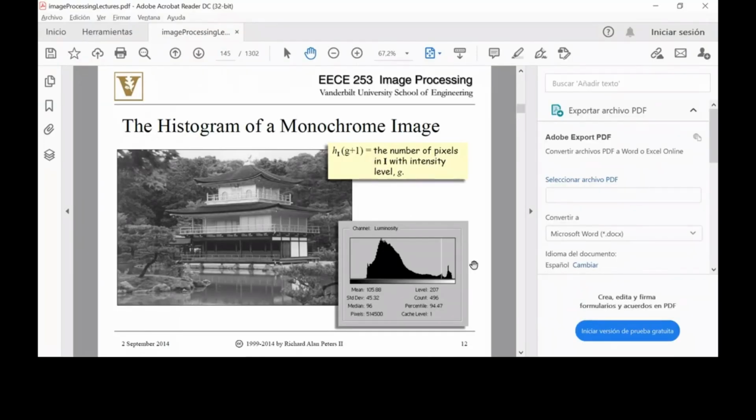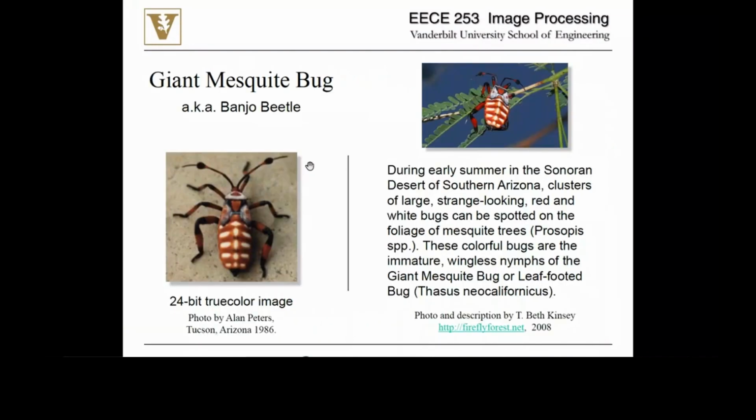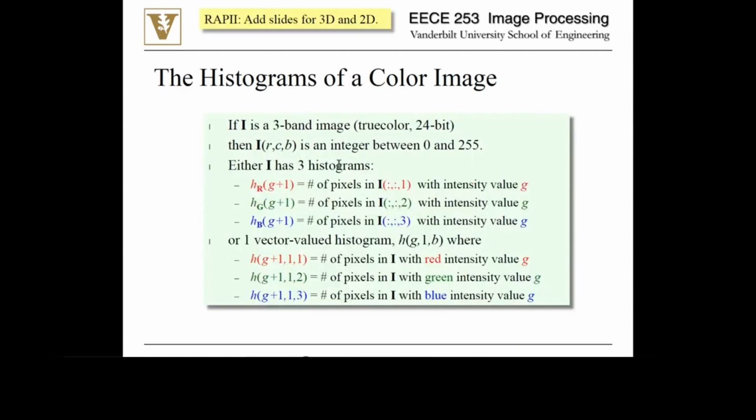Okay, so we are here. Good. For color images, it is the same, but now instead of having just one histogram per image, we have 3 histograms per image, one for each one of the channels.